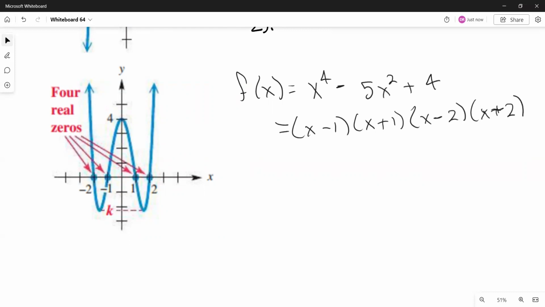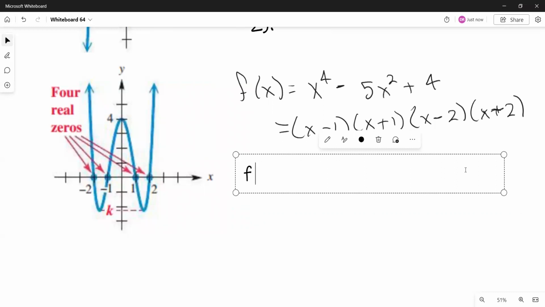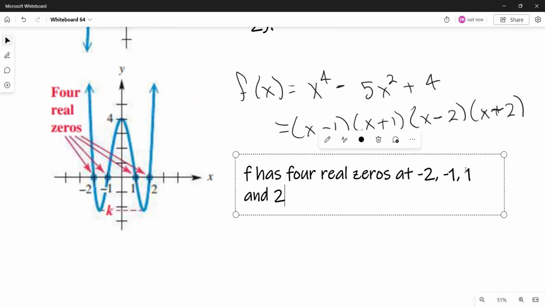So that's a polynomial of even degree, and you can see that it keeps rising to the left and to the right. This polynomial has 4 real zeros of multiplicity 1. So f has 4 real zeros, in order, that's -2, -1, 1, and 2.